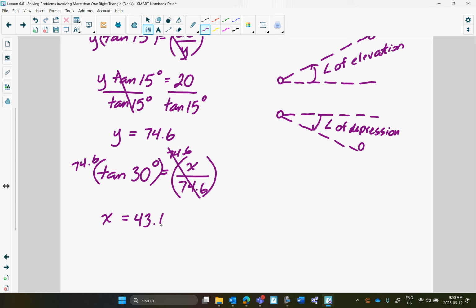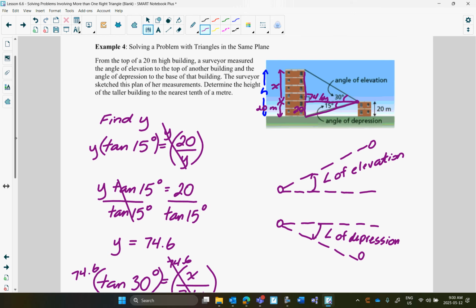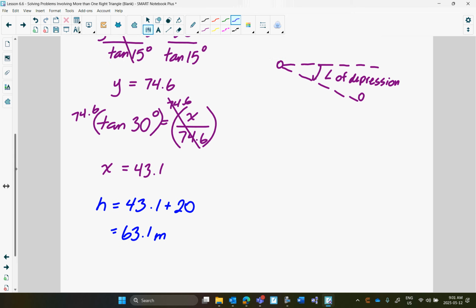Now I can finally find h. Because this is 43.1, therefore the height h is going to be 43.1 plus 20, which gives us 63.1 meters.